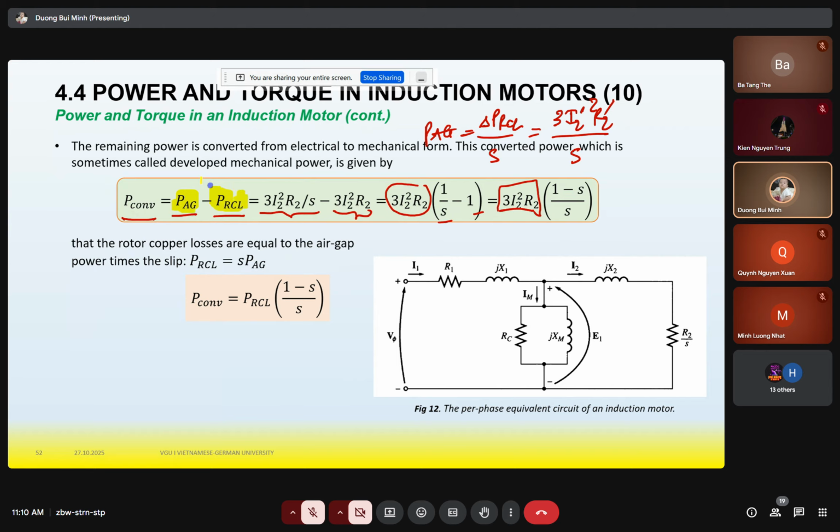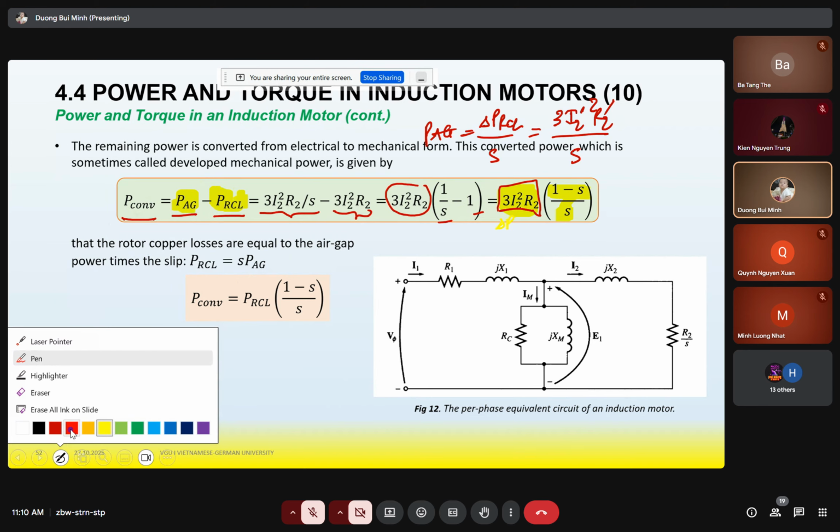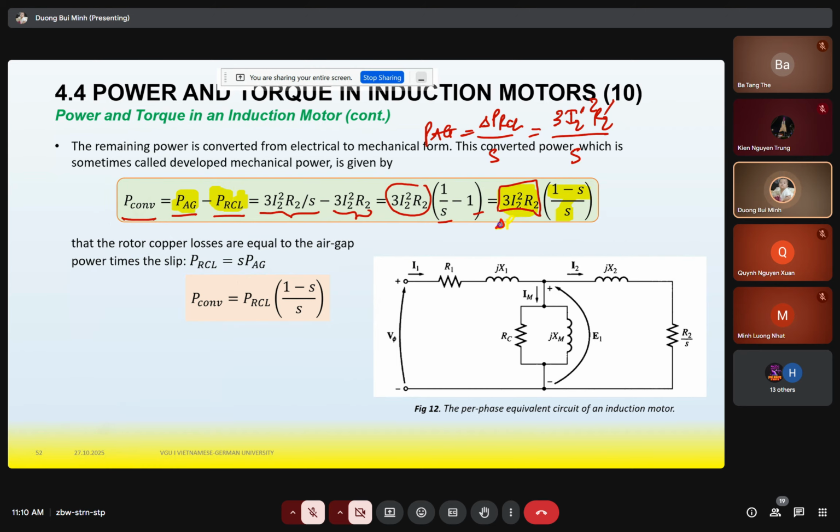Or we calculate the converted power by delta P_RCL times (1 minus S) over S. Okay, so if we know delta P_RCL and we know the slip, we can calculate the converted power.